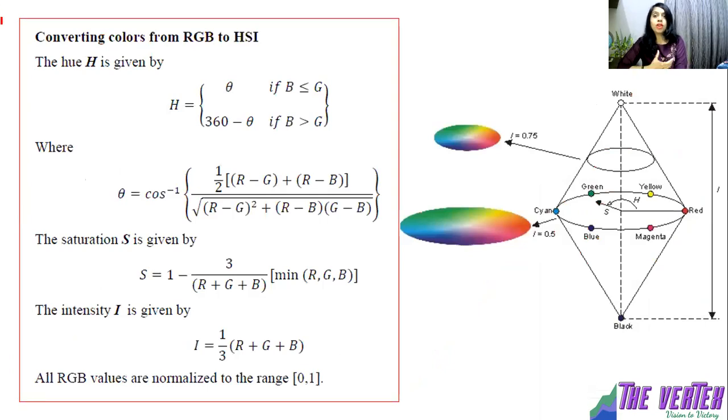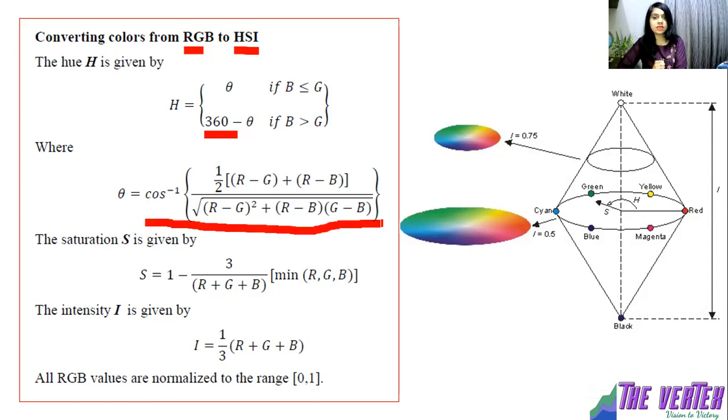Now, what are the formulas for converting colors from RGB to HSI? Suppose I have RGB colors and I want to convert them into the HSI model. There are formulas. H is equal to theta if blue is less than or equal to green. And if blue is greater than green, then you have to use 360 minus theta, where the formula for theta is given.